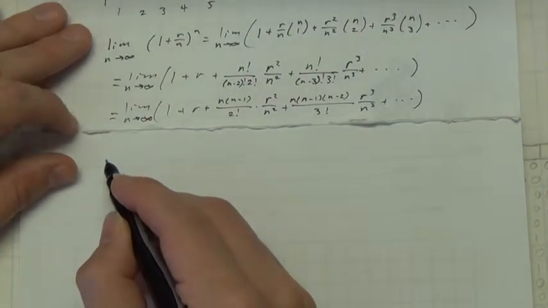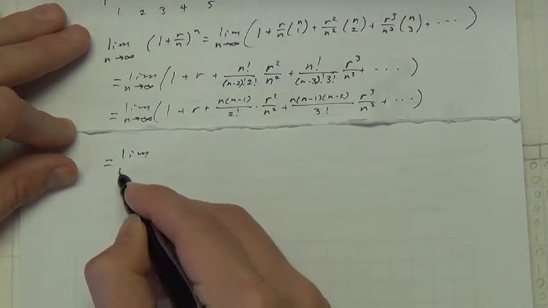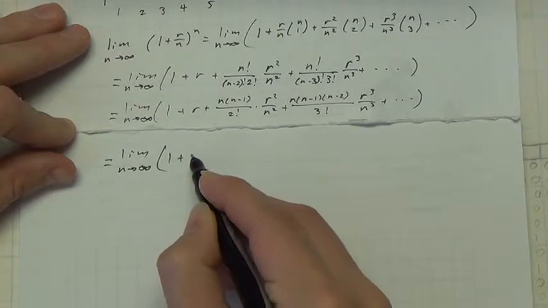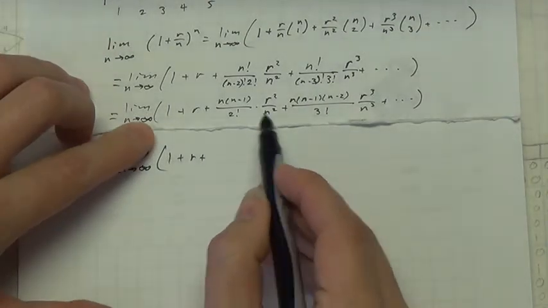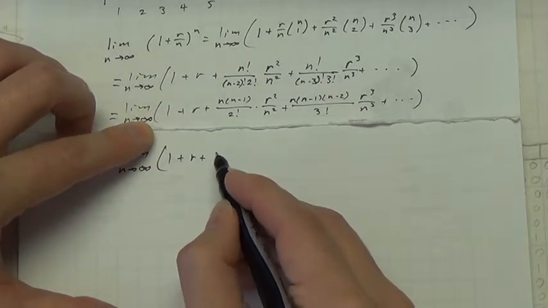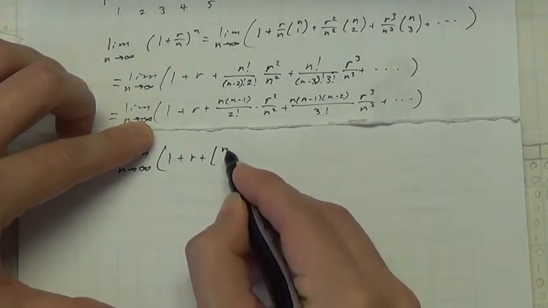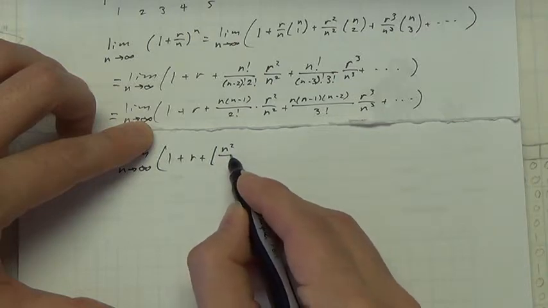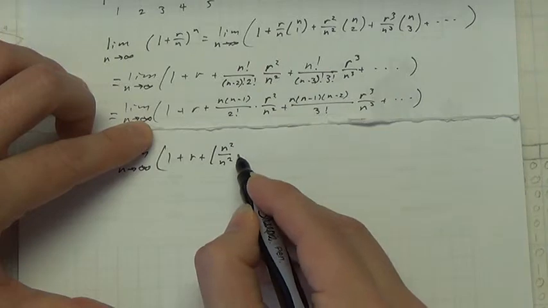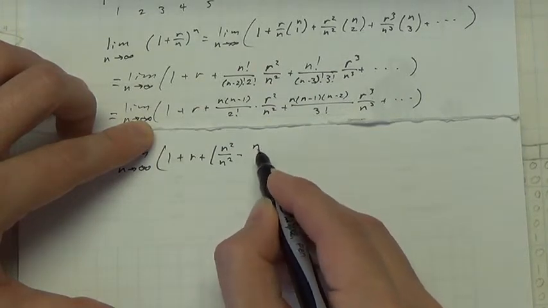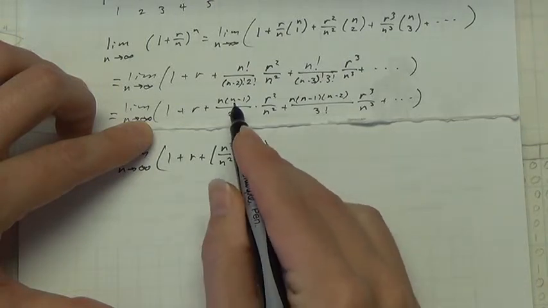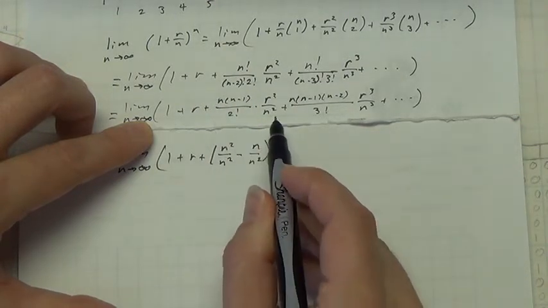All right, going to rewrite this. Going to swap these around and break up this fraction and do a bunch of steps at once, so try to keep up. N squared over n squared minus n over n squared. That's one of our factors here, incorporating this numerator and this denominator.